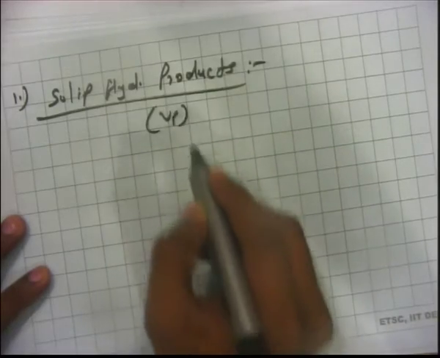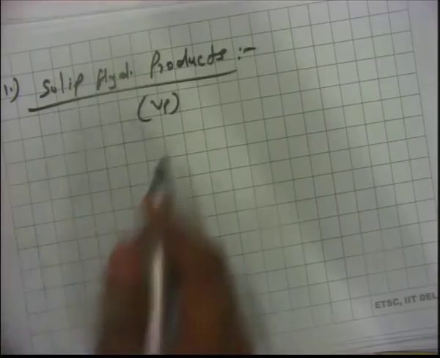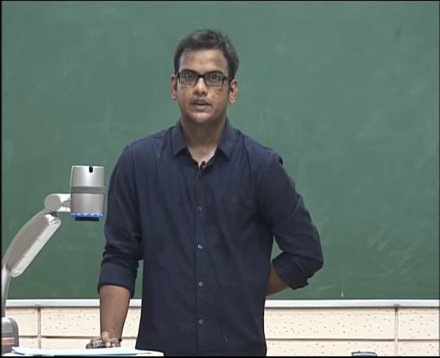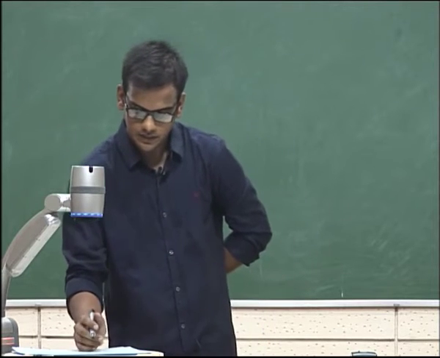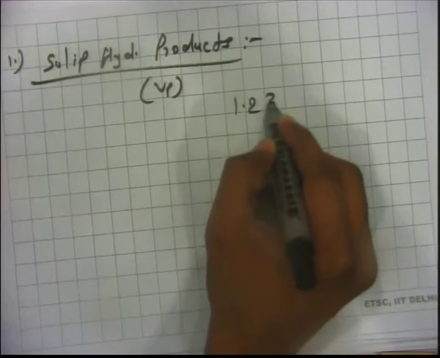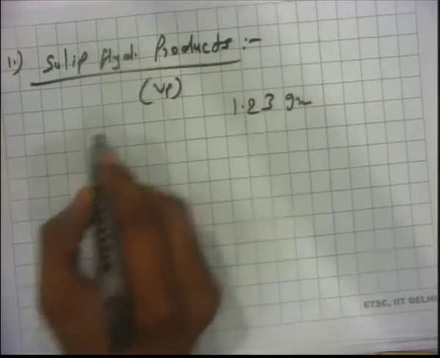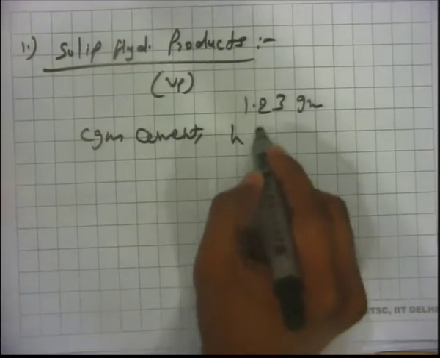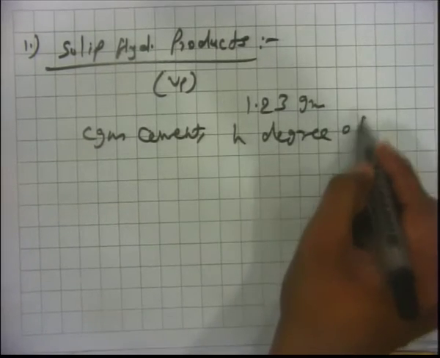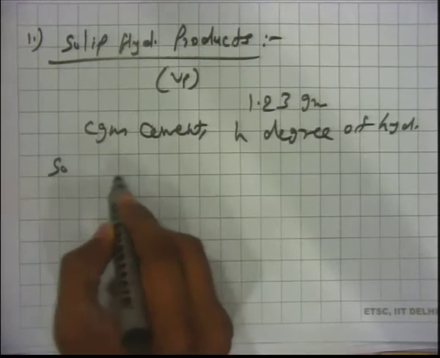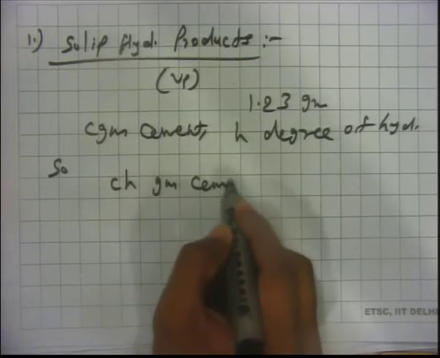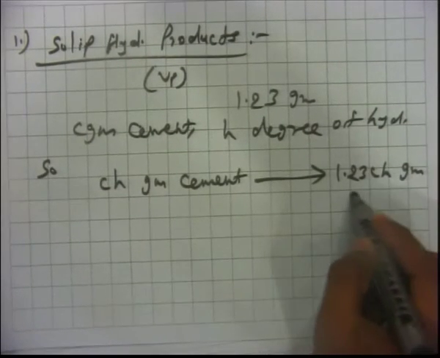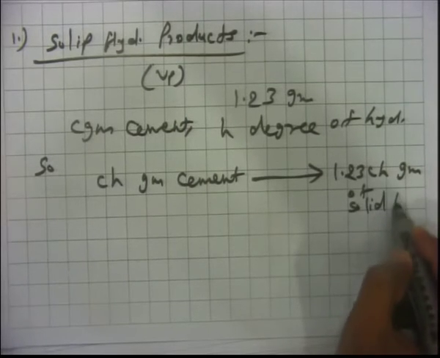Let us say it is Vp. We saw in the chemically combined water that 1 gram of cement reacts with 0.23 gram of water, and so it will form 1.23 grams of hydrated products. So if we have taken C grams of cement and we have considered H degree of hydration, then CH grams of cement will result in 1.23 CH grams of solid hydrated product.